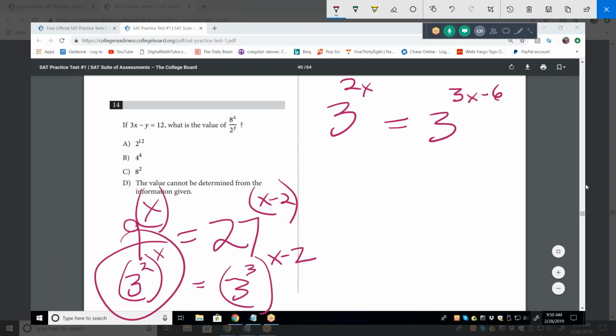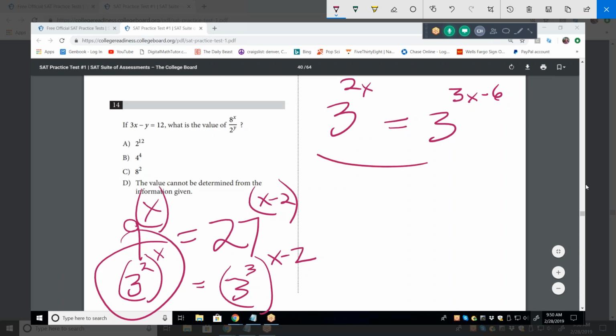Okay. Now, what can I do? One number to a different exponent equals the same number to a different exponent. So what can I do with those exponents? Do you find the difference between them? No, you make them equal to one another.